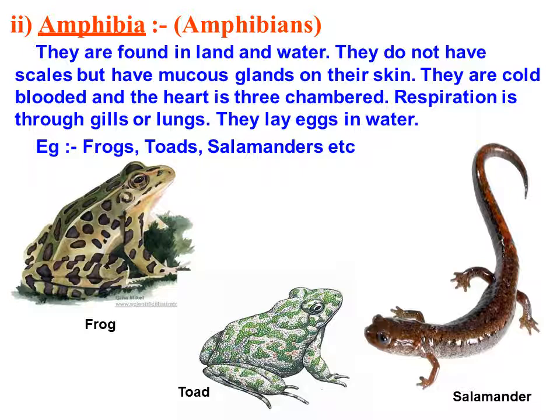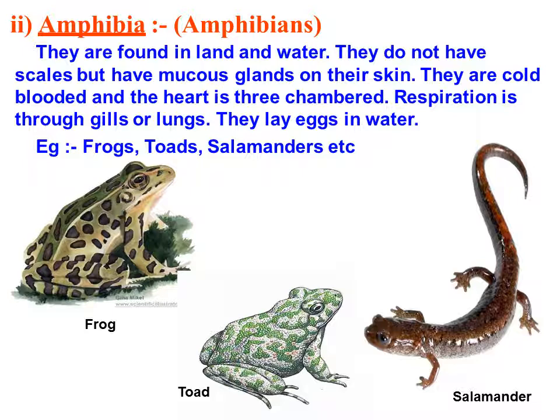So how come amphibians have gills or lungs? It's not that they have both. That means in the initial stage of their development, if the frog is a tadpole, they have gills so that they can survive in water, and if they grow to an adult, they use lungs.